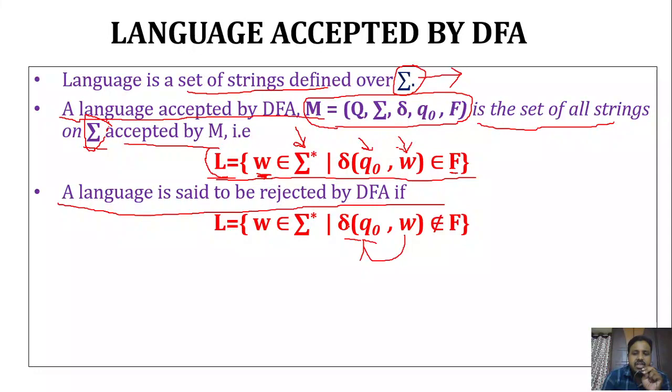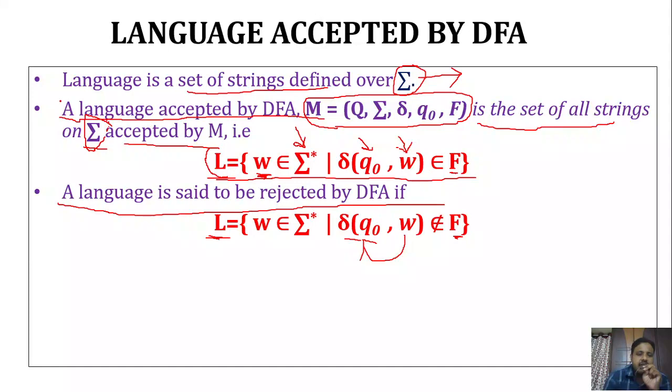So delta of q naught comma w does not belong to F. So whatever set of words, on processing which from q naught you cannot get a final state, is called the language which is not accepted by the DFA. Okay, so this is the case.